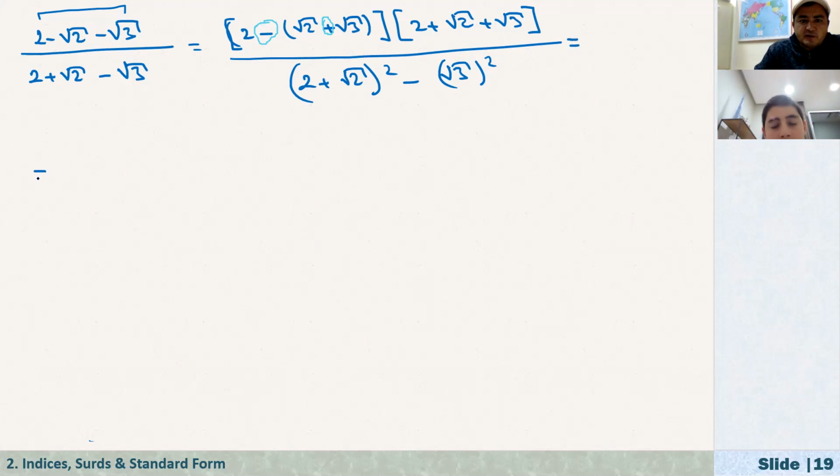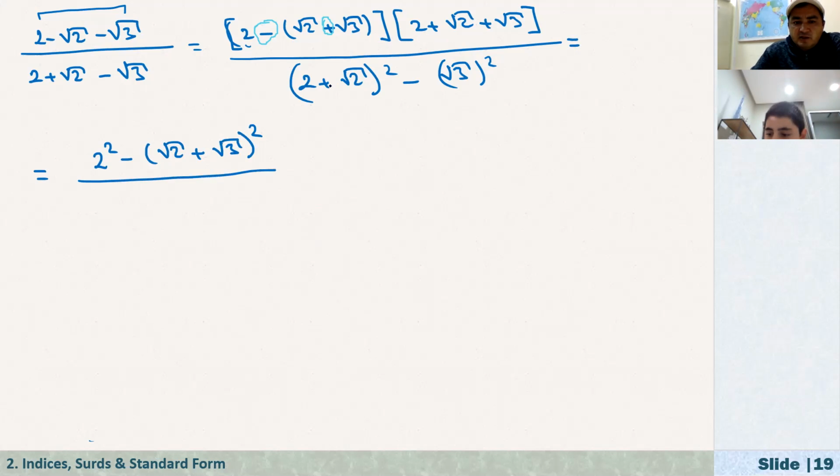Now if you expand this, as you see here, we have something minus something. Here we have something plus something. So that's equal to 2 squared minus square root of 2 plus square root of 3 squared over, yes. How about here? It is 4 plus 2, that is 6, minus 4 times square root of 2.